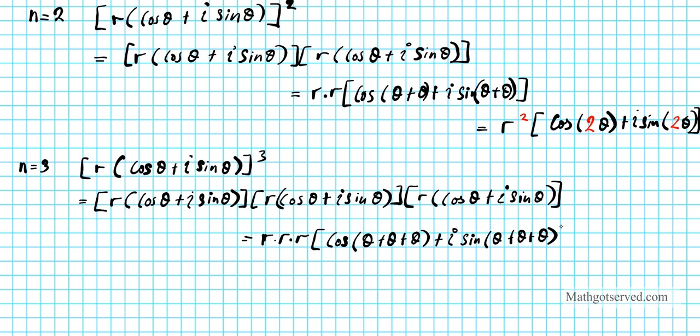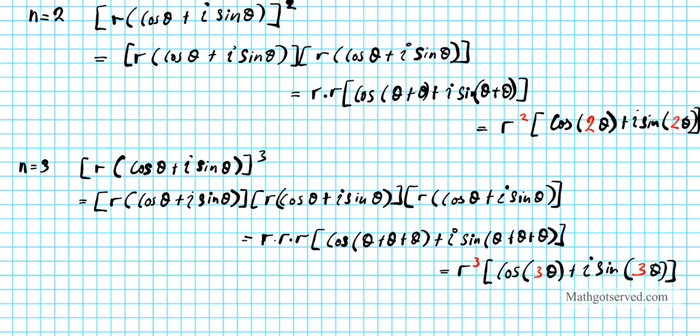Okay, and what does that simplify into? We're going to have r to the third times cosine 3 theta plus i sine 3 theta also. Okay, 3 theta.